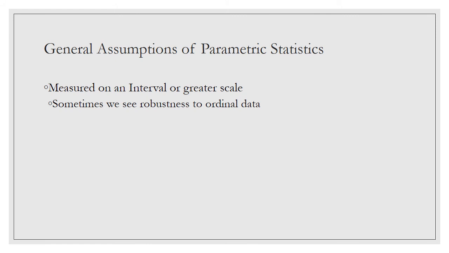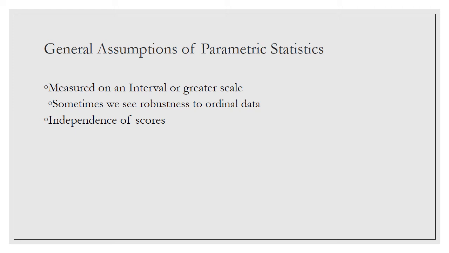So there's always assumptions, as an example, interval or greater scale, and there's always robustness. Each statistic is really tested to see how robust it is, so we won't go over every single example, but I'll just tell you in general what we expect is that when we measure our dependent variable, that dependent variable has been measured and will be analyzed on an interval level scale or a ratio level scale.